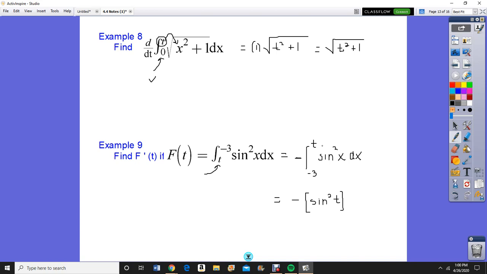And then we'll multiply by the derivative of t, and the derivative of t is 1, so the order of multiplication does not matter. That final answer is still going to be negative sine squared t. So check whether the constant is on the bottom; if not, make sure it is placed on the bottom and negate that integral.